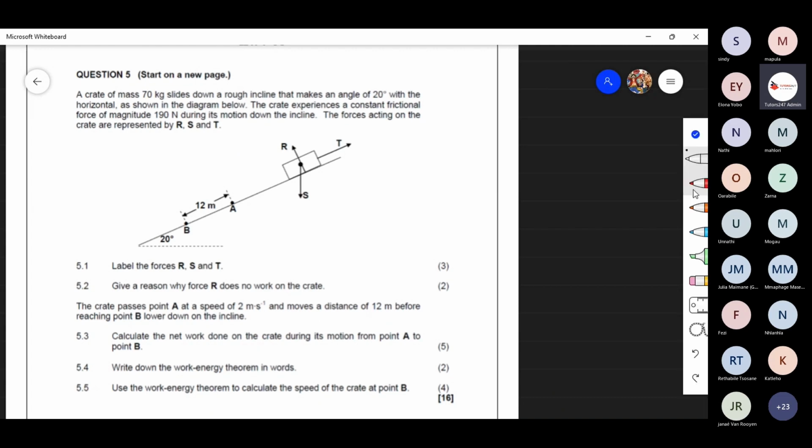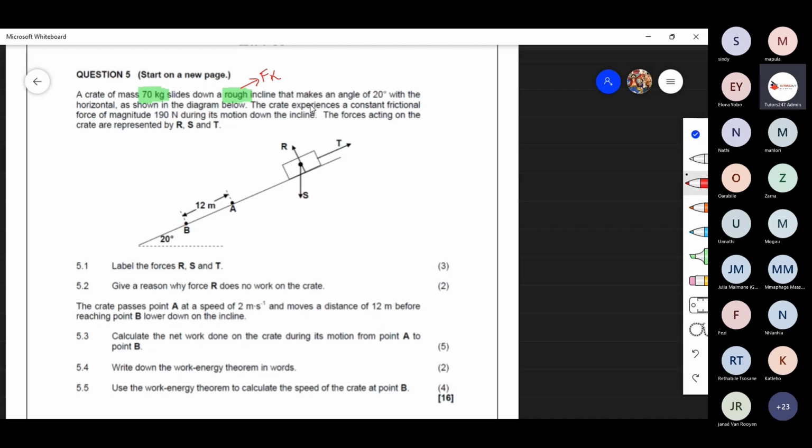So we have question 5, a crate of mass 70 kg, so that's important. The mass slides down a rough inclined plane, so that is important. It indicates the presence of kinetic friction or frictional force, whichever you want to call it. Because there's frictional force involved, we cannot use our conservation of mechanical energy principles. Keep that in mind.